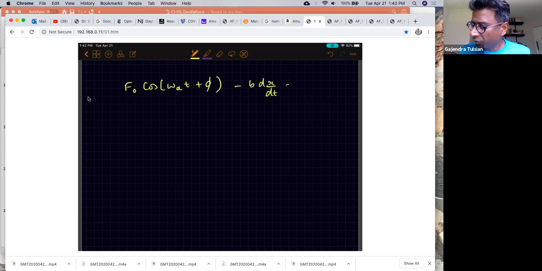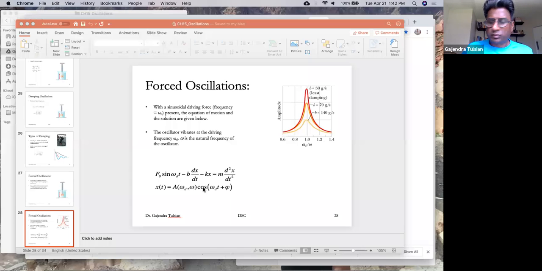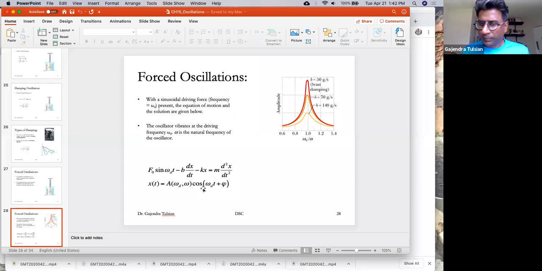This was the friction force, minus kx, plus the force, was equal to m d squared x by dt squared. And so the solution x(t) was A cosine of omega d t.